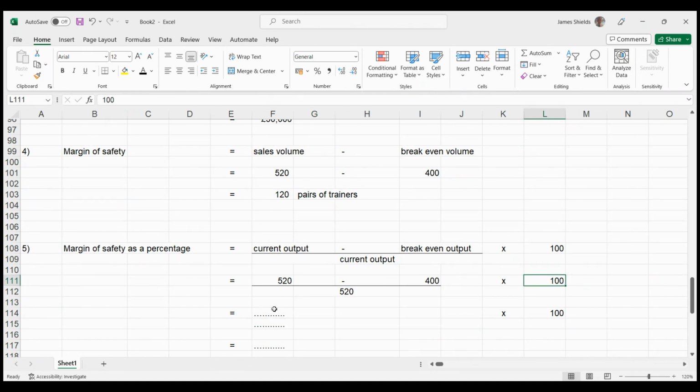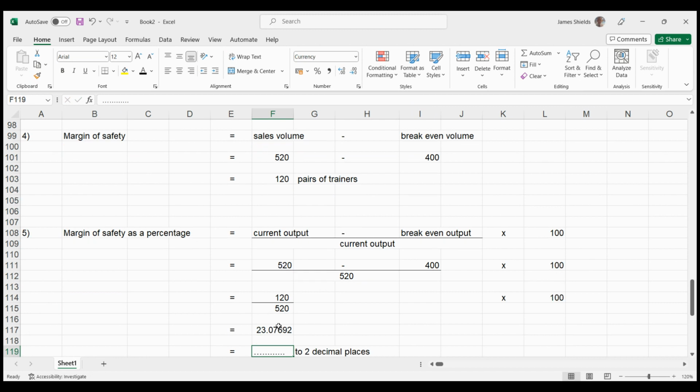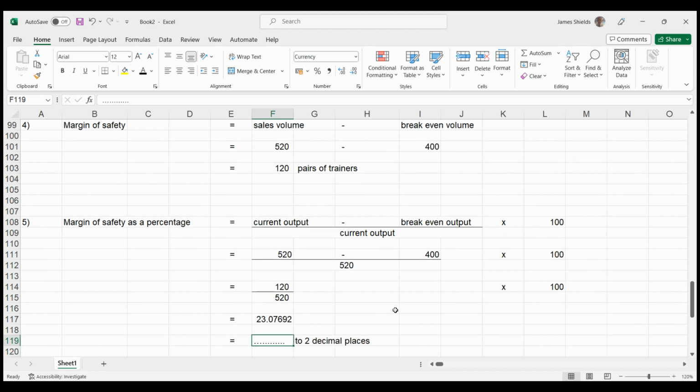So 520 take away 400 is 120, over 520, and then times 100. So that's 120 times 100 and divided by 520. And that's going to come to, to 2 decimal places, 23.08%.